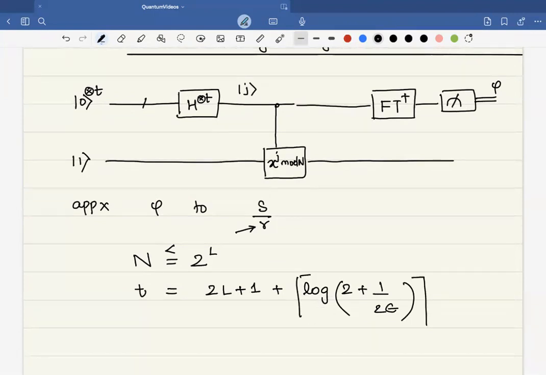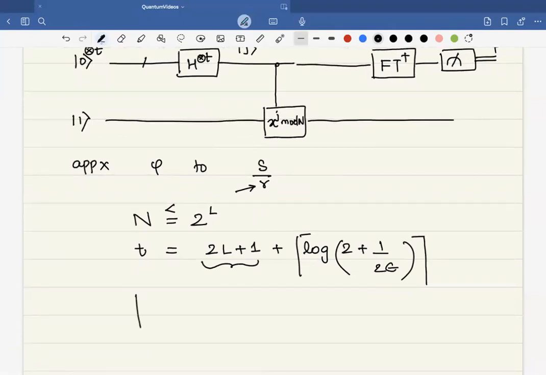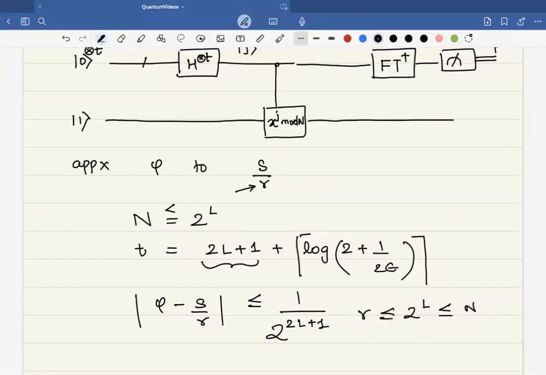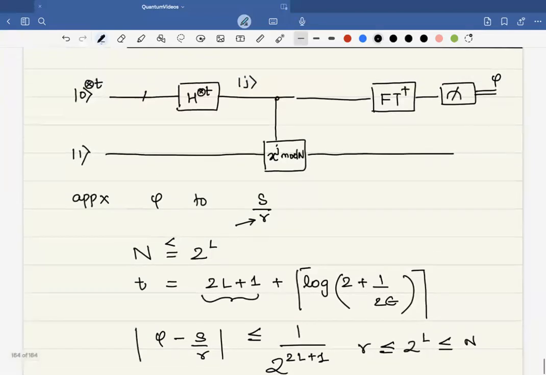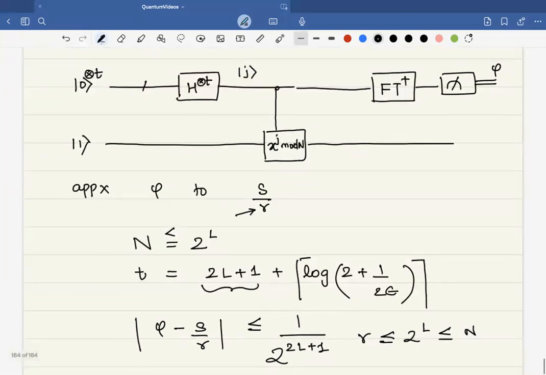So basically what we get is that phi is a 2L plus 1 bit approximation of S over R. That means that we have |phi minus S over R| less than 1 over 2 to the power 2L plus 1. And we also have 2L less than N less than R.